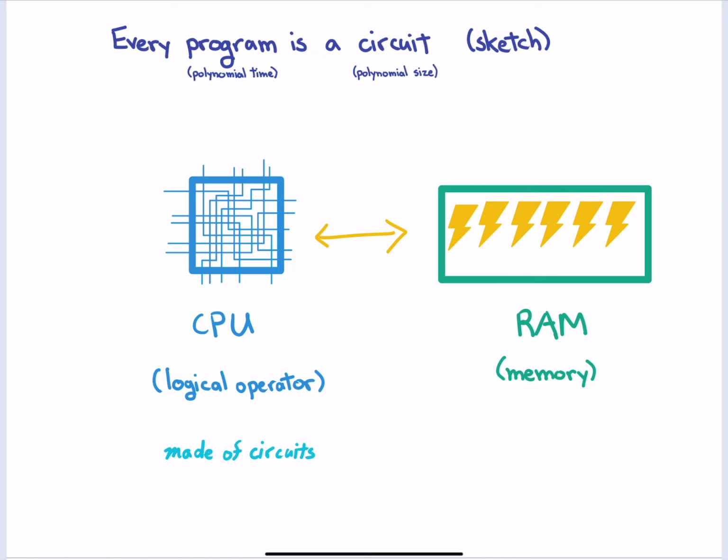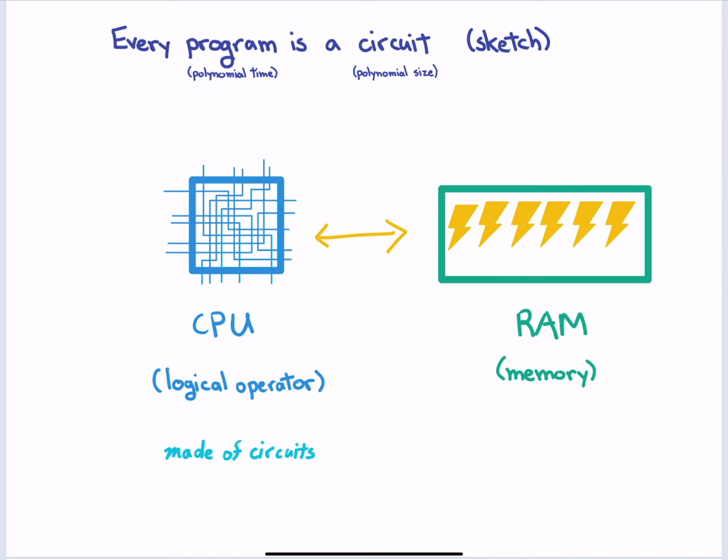Okay, and I want to think of the CPU as just some kind of logical circuit. It takes in some stuff, it outputs some stuff, right? So I think of a CPU as maybe a lot, but ultimately a constant number of circuits. The number of circuits that the CPU is composed of is independent of the size of the memory. Okay, the memory is generally otherwise unbounded.